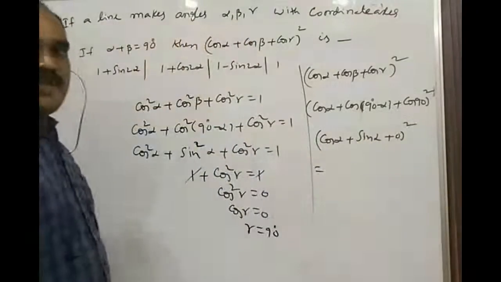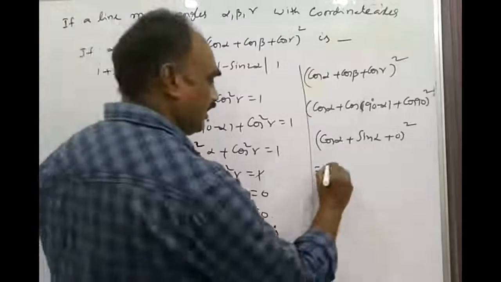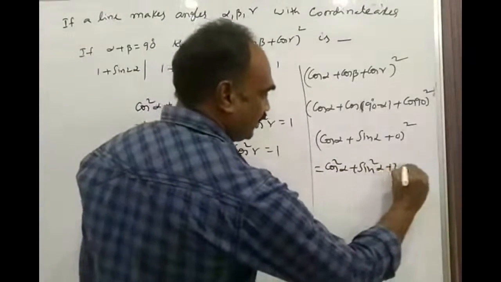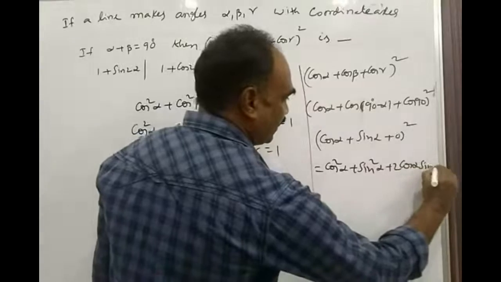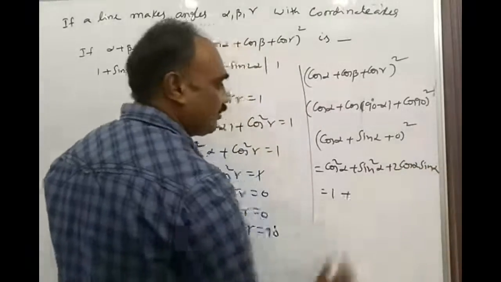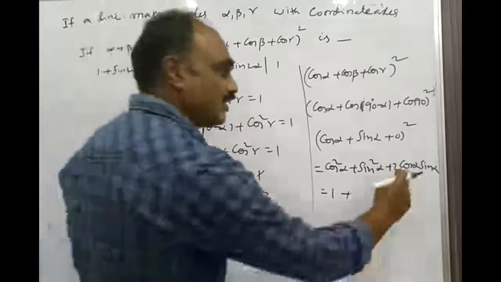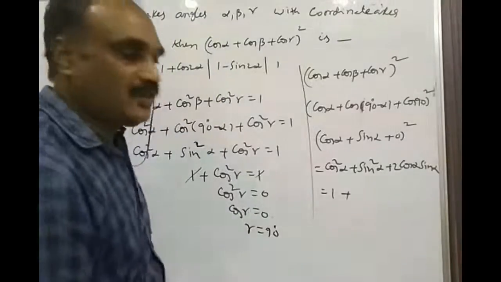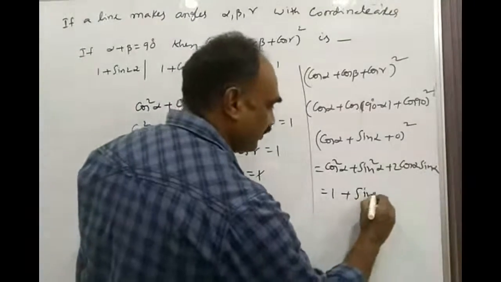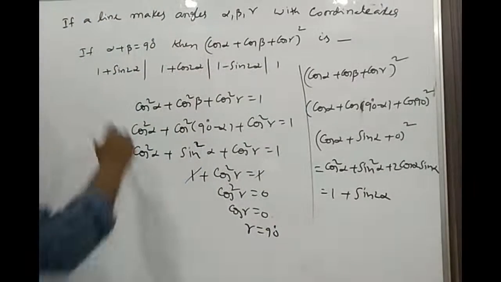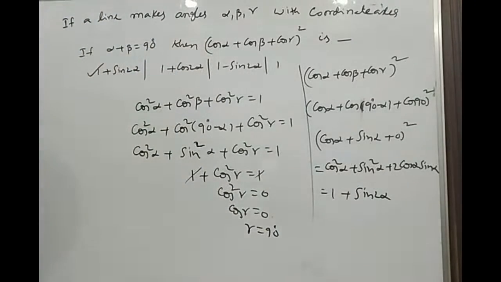Here apply the formula (a plus b) whole square is a square plus b square plus 2ab: cos square alpha plus sin square alpha is 1, plus 2 cos alpha sin alpha. Friends, as already told, 2 sin alpha cos alpha is the formula for sin 2 alpha. So the answer is 1 plus sin 2 alpha.